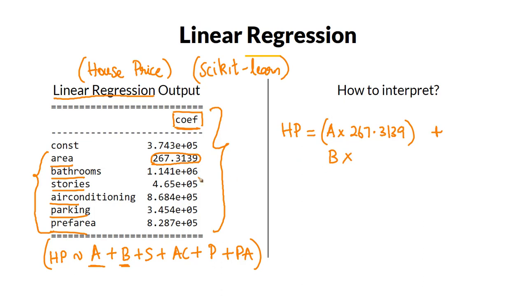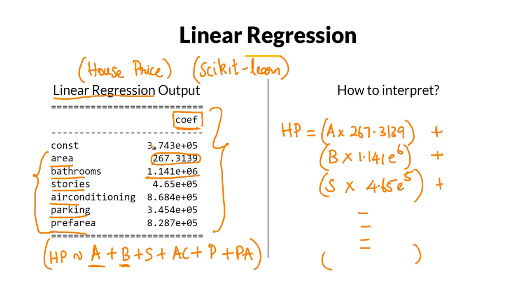So the number of bathrooms multiplied by this term, 1.141e6, plus stories, 4.65e5, and so on. All the different terms, plus you also have the constant term, which should ideally come in the beginning itself: 3.743e5. So this is how you calculate the price of a given house if you are given the values of the respective parameters in your linear regression model.